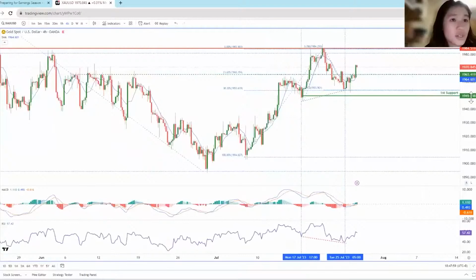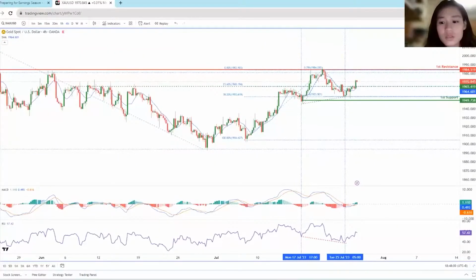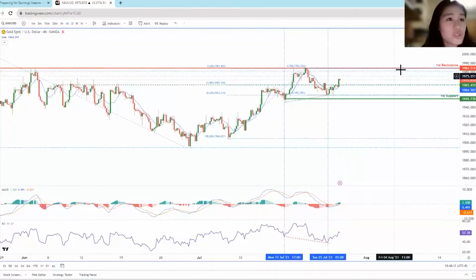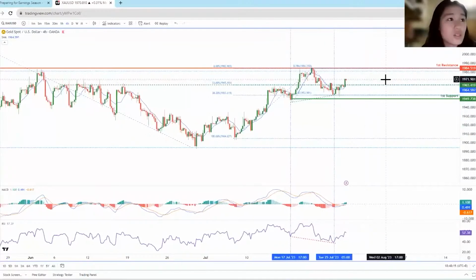Okay, so in this case, we can probably expect price to continue to go up towards our first resistance here.